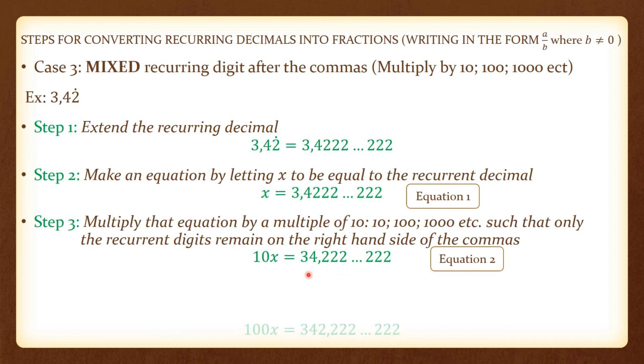Times this equation by 10, we'll have 100x equal to 342.222 repeating indefinitely. Now we can see that we have the same digit after the decimal point. We call this equation 3.